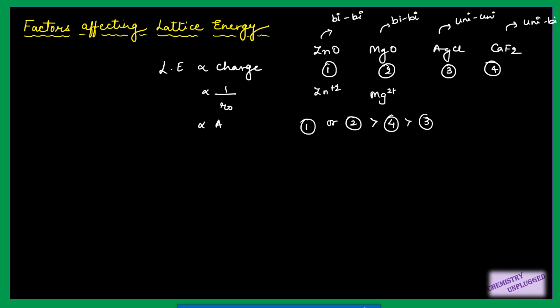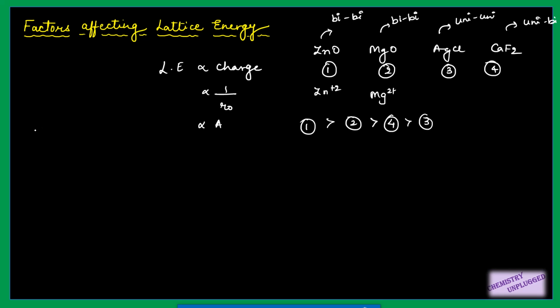And if it is smaller, then the internuclear distance between anion and cation will decrease. Lesser the value of R, higher will be the lattice energy. So we can say that 1 will be highest, then second, fourth and third. So this will be the order. In this way you can easily find out the relationship with lattice energy.